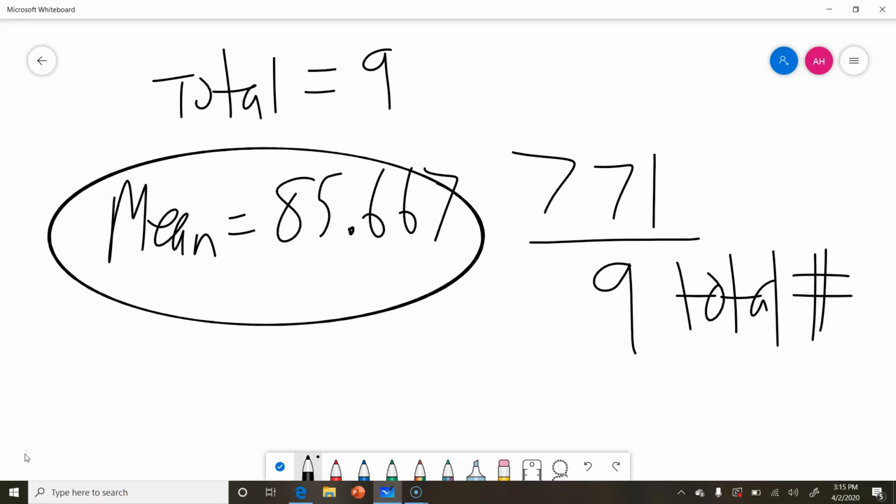So hopefully you've solved something like this before. I think we've done different things like this. It's just not been with this many numbers. So that's the mean, which leaves one more thing for us to learn, and that is the median. So we're going to go ahead and write this down.